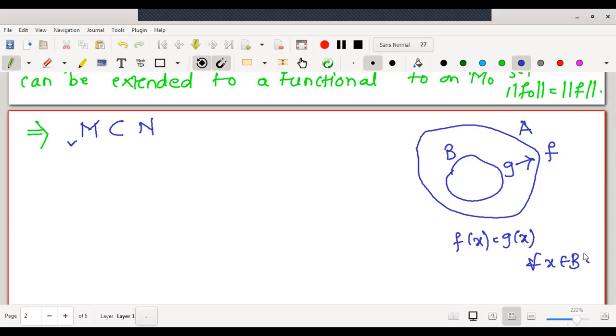Then f is called an extension of g, or g is called a restriction of f. Here also we are using that extension function.